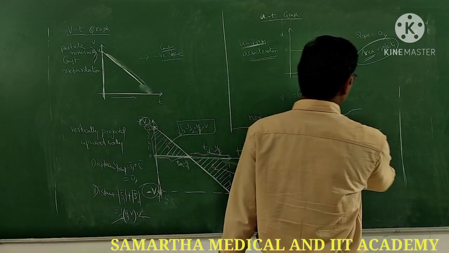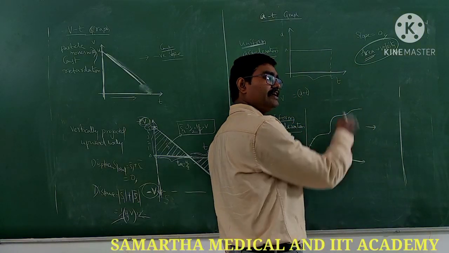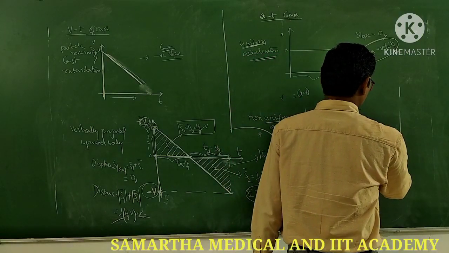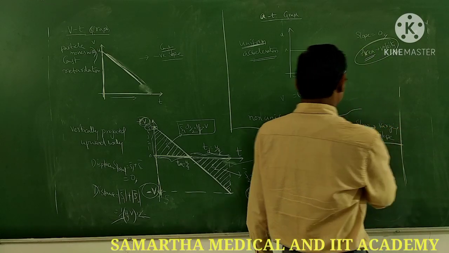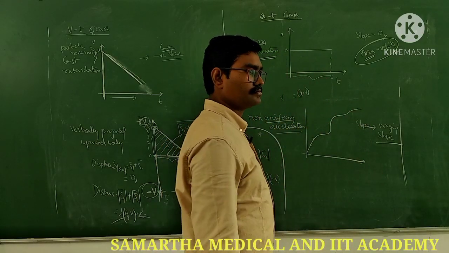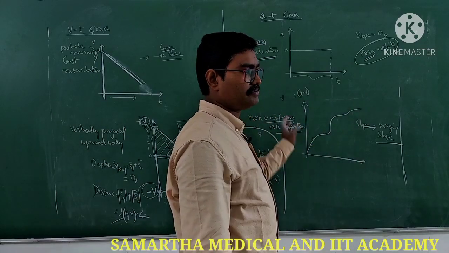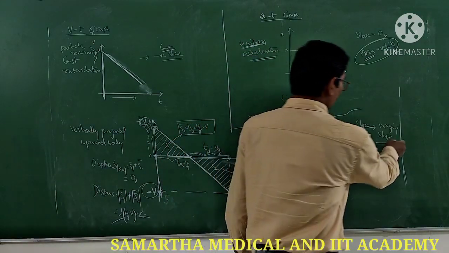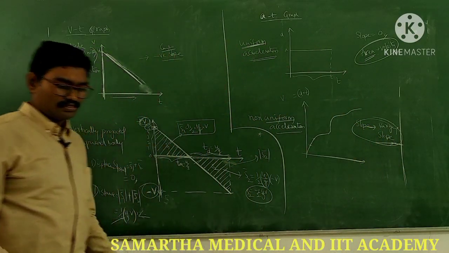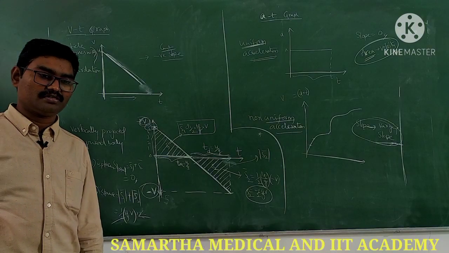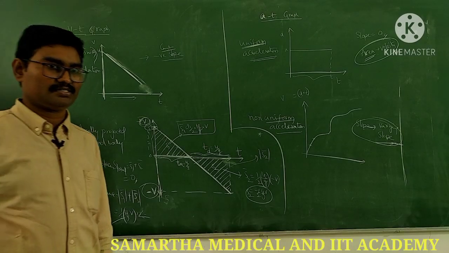So what is the slope? Varying slope. This is not a steady slope. Area covered we can calculate, same only, distance, displacement. Okay, this is about the acceleration time curves. Then we'll see the problems based on these graphs in the next class. Okay, right.